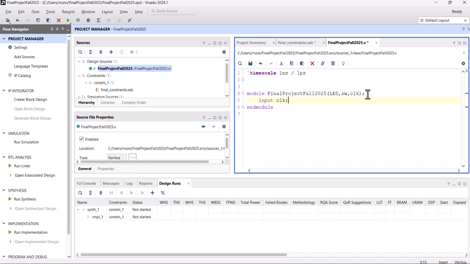Input CLK. Input, what was it? 4:1 SW. Output reg 10:7 LED.